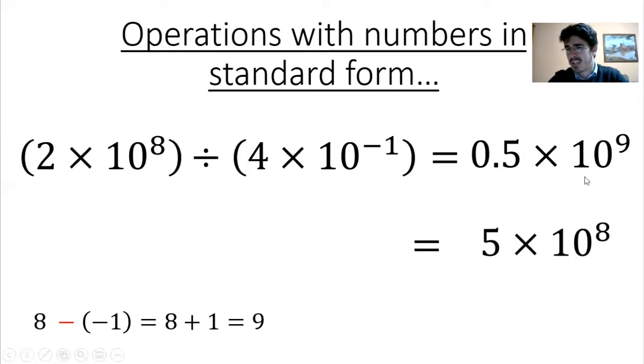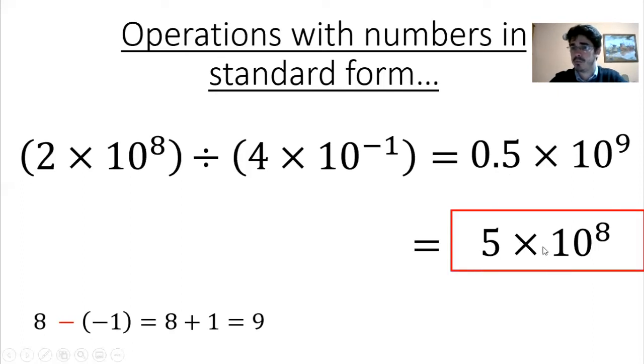But as I took a 10 from here, I have to put an 8 here, because I took one of these to multiply this 0.5 and get a 5 that is between 1 and 10, okay? So the final answer here is this one. So remember, I say it again, that you have to check if your answer is in standard form.